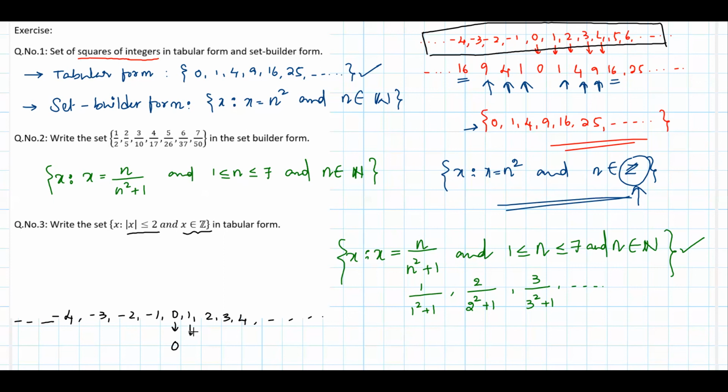If I apply mod to 1, 1. If I apply mod to 2, it's 2. If I apply mod to 3, it's 3. If I apply mod to 4, it is 4. But we don't want the values which are greater than 2. So we want those which are less than or equal to 2. So we don't consider them anyways. So we do consider 0, 1, 2.